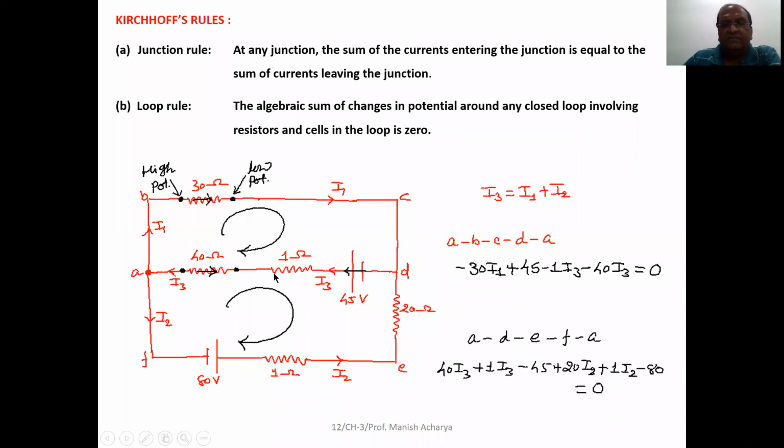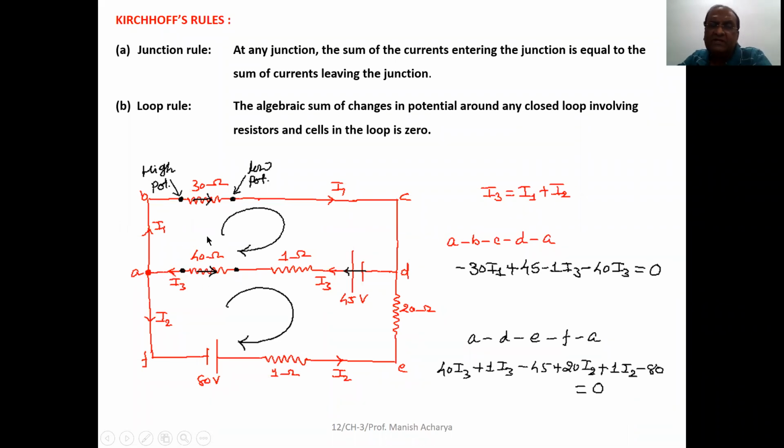Now consider the loop A, D, E, F, A. So when you are moving from A to D, through the 40 ohm resistor, the current is in the opposite direction to your considered path.